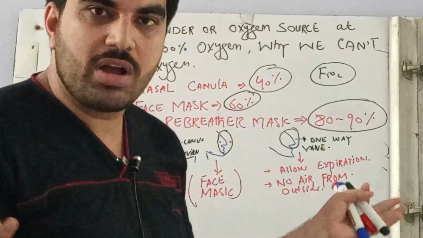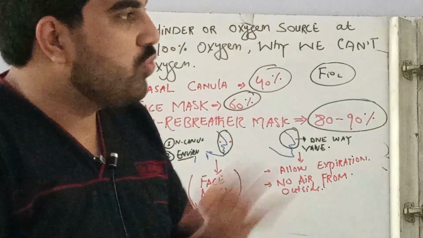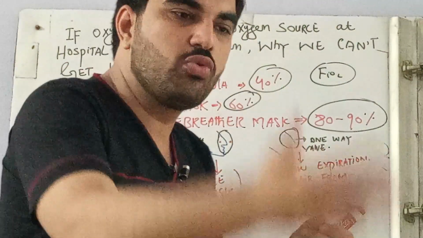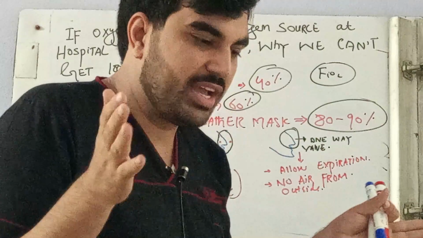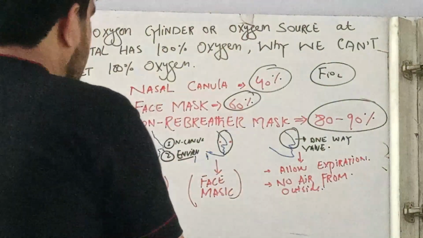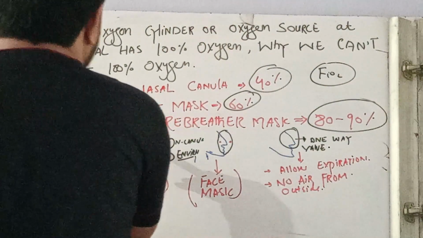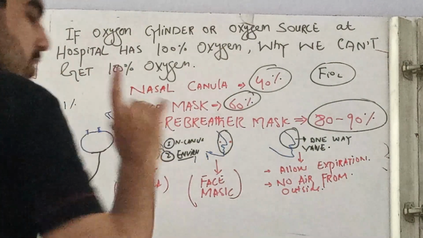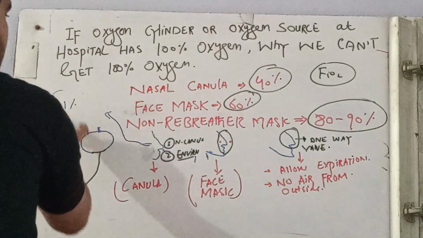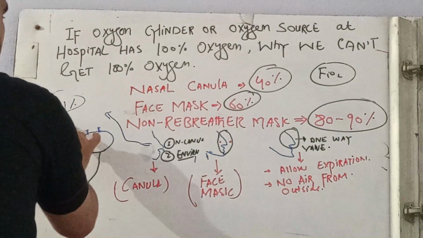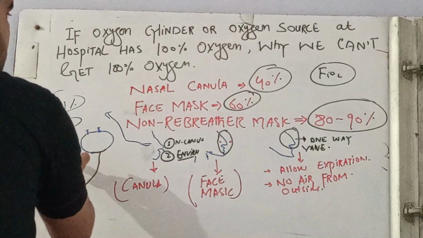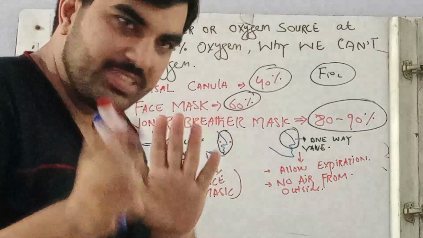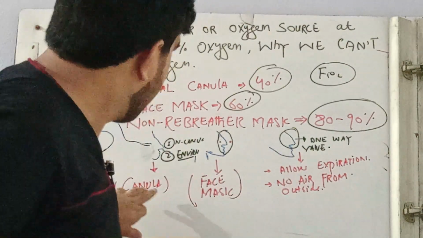When these two combine, the FiO2 of 100% from the oxygen and the 21% FiO2 of air, 21% oxygen in the air, which is not 100%, combine together to give an FiO2 of 40%. I think that is clear.